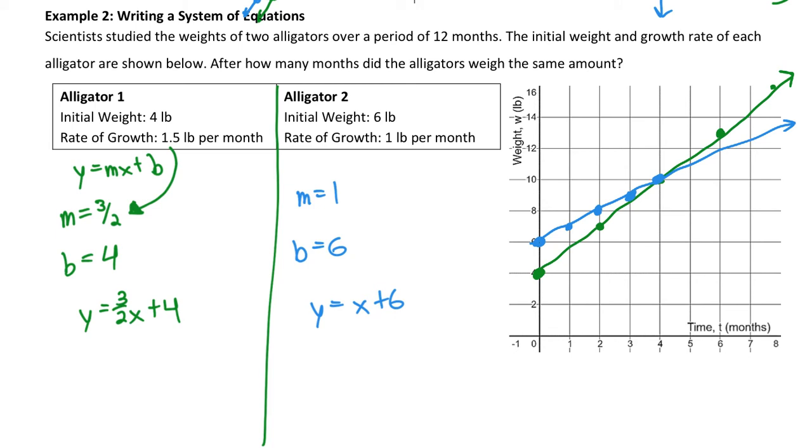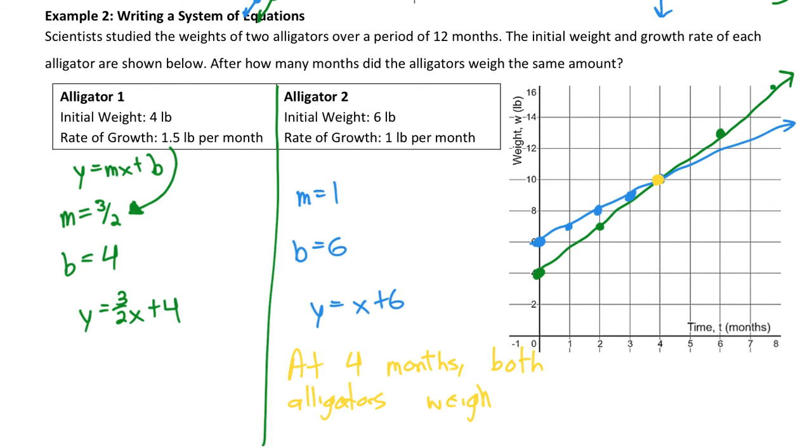So it's important that we're precise with what we're doing. So after how many months do the alligators weigh the same amount? We would say at 4 months, both alligators weigh 10 pounds.